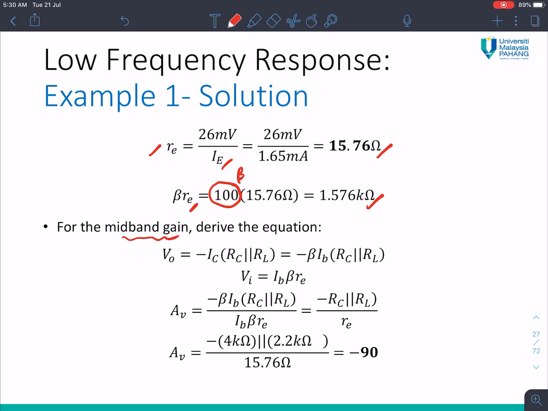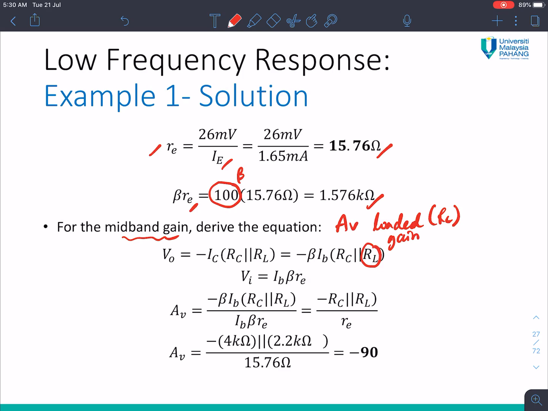Now the AV is a loaded gain, because we have RL. So in this method, I directly include the RL in the equation here.